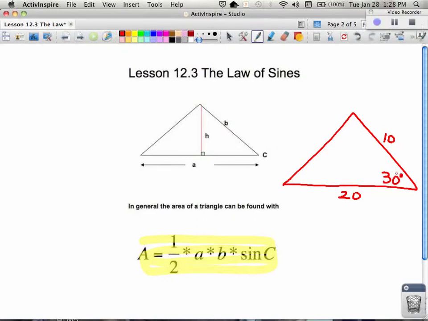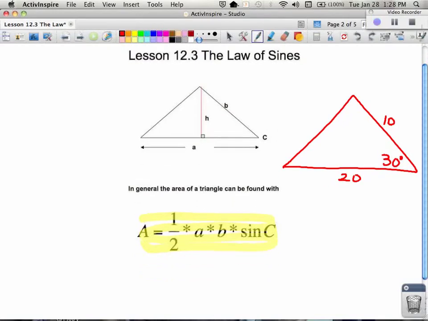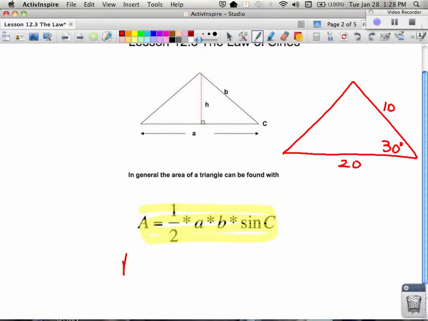The way that I would find the area then, based on the formula that I see down below, is I know that my area would be equal to 1/2 times the first side, 10, times the second side, 20, times the sine of the angle that is in between the two sides I just talked about.